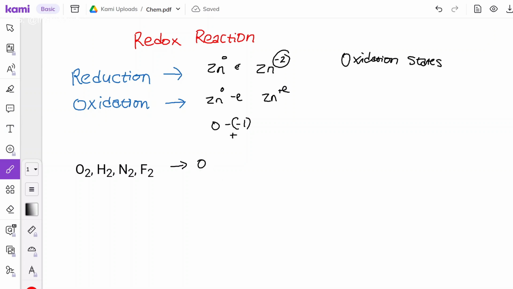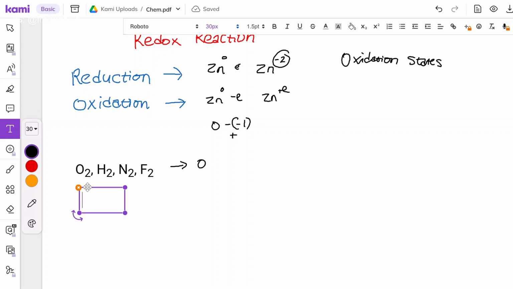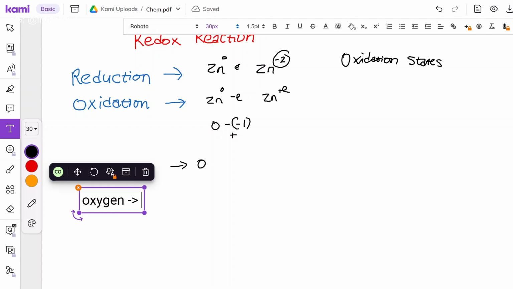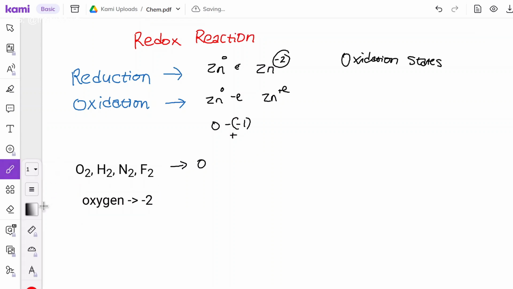And then another rule is that oxygen usually has an oxidation state of -2, not always, unless it is in compounds like OF2 and peroxides.